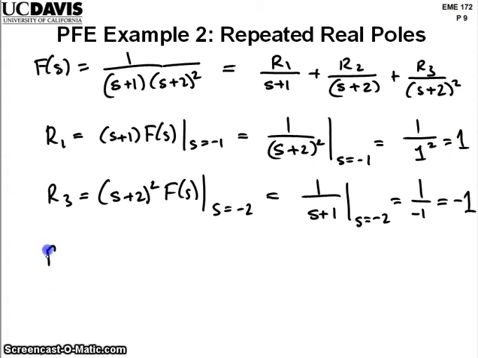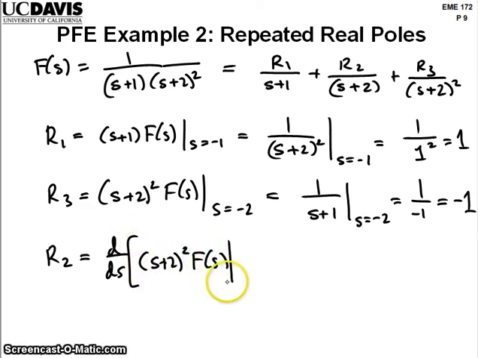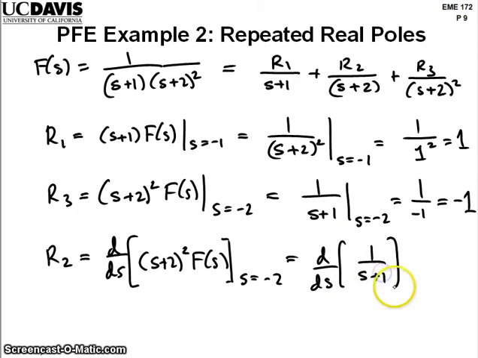And then R2 is the tricky one. I take d/ds of s plus 2 squared times F of s, evaluated at s equals minus 2. That ends up being d/ds of 1 over s plus 1, evaluated at s equals minus 2.